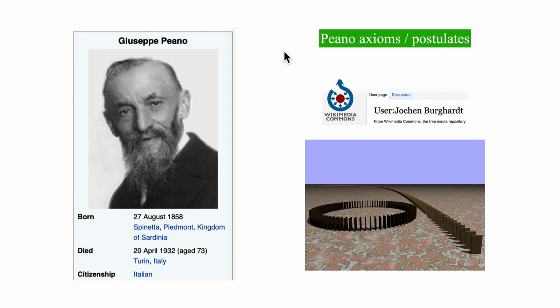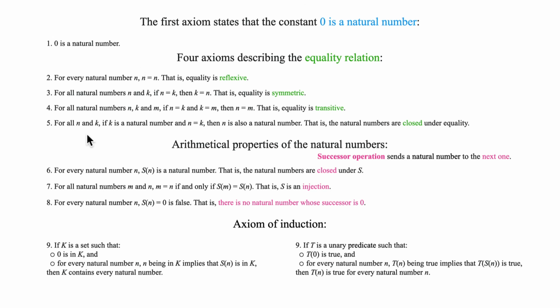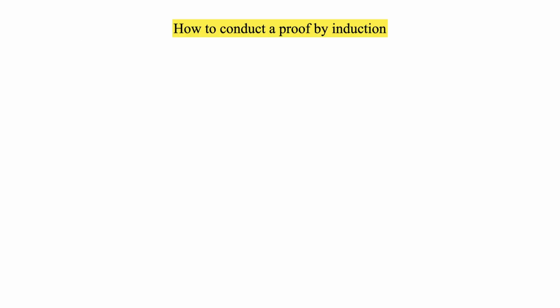And I hope that I succeeded in illustrating this intuition for you. If you want to read more about axioms, or listen more about axioms, you can go to this Pre-Calculus 1 course and watch video 203. And here is just one slide listing the axioms for natural numbers.